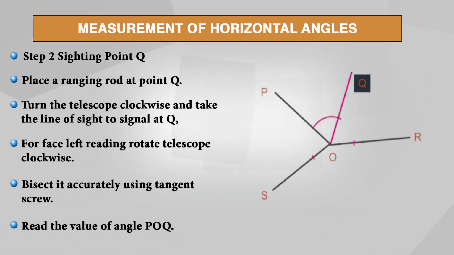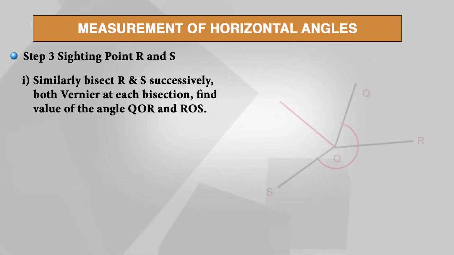Read the vernier reading again. The mean reading will give you the value of angle POQ. You will measure angles from both vernier A reading as well as vernier B reading. Vernier A reading will give you the direct value of the angle, whereas vernier B value will be 180 degrees more, as its initial value was 180 degrees, right.